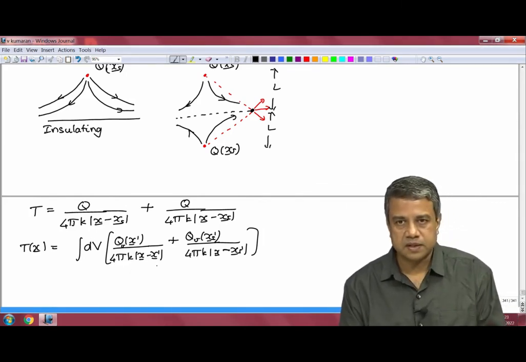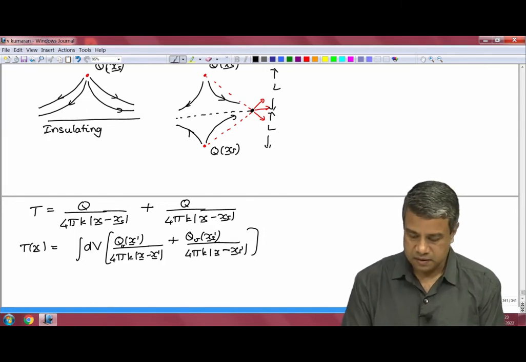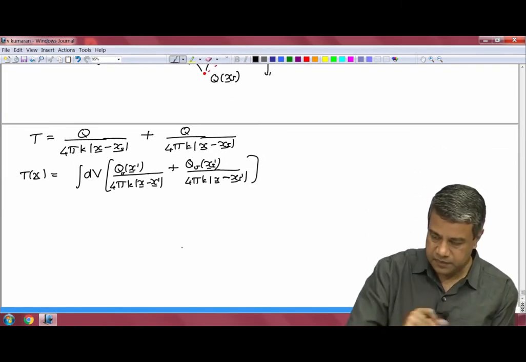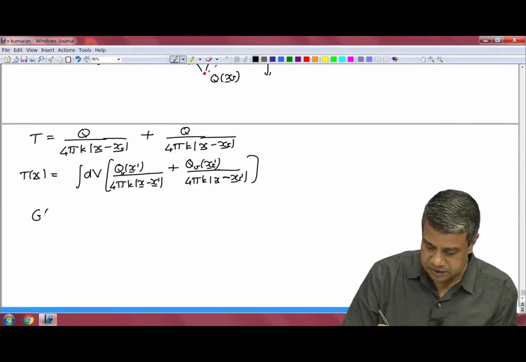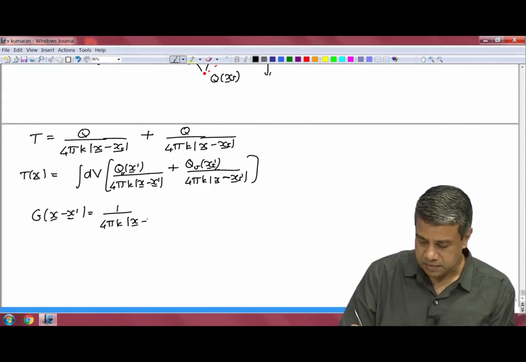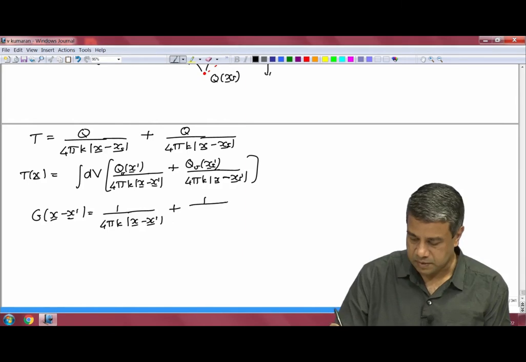From this you can get the Green's function expression for this as well. So, the Green's function G of x minus x prime is equal to 1 by 4 pi k into the magnitude of x minus x prime, plus 1 by 4 pi k into the magnitude of x minus x I prime.